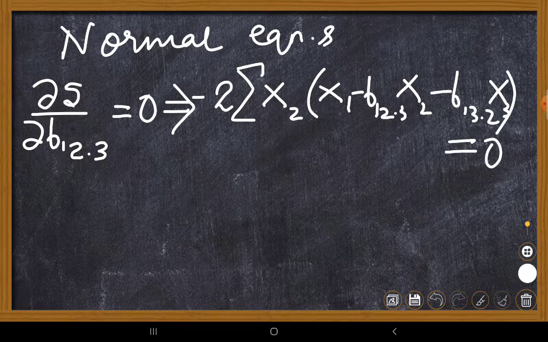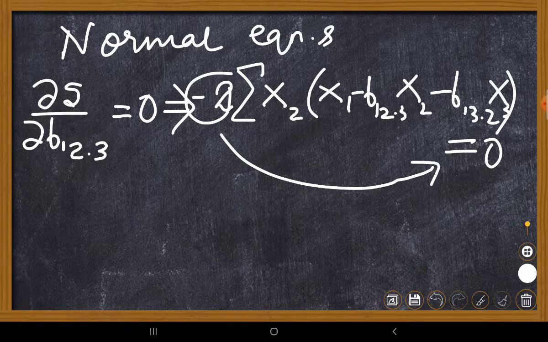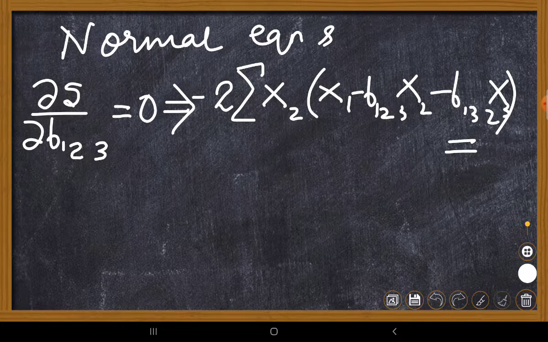The minus 2 is constant, so it goes to the right hand side and vanishes.